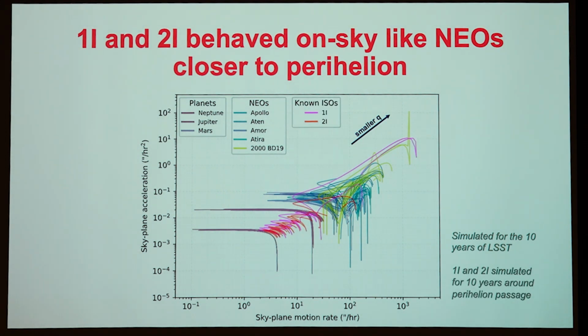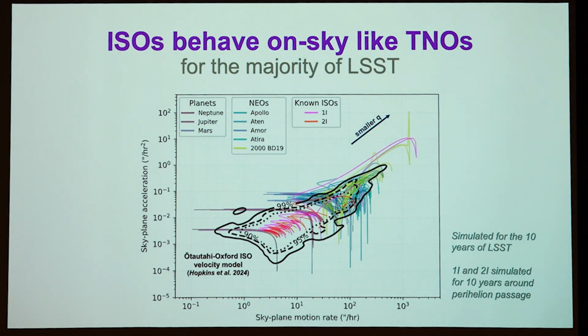Our two known ISOs we can add on there, simulated for 10 years around their perihelion passage, obviously not within LSST because they're far gone. You can see that they behave like outer solar system objects, but also inner solar system objects when they came through. Overlaid on that, we can now add our velocity model, the Auckland-Oxford velocity model that I'm using for these simulations.